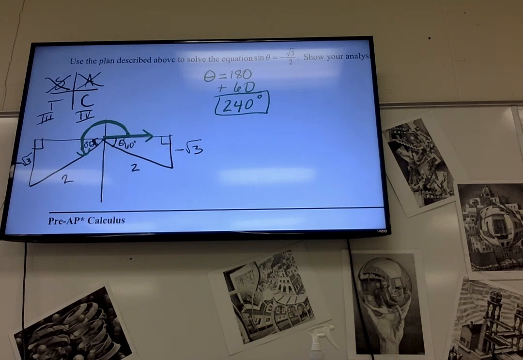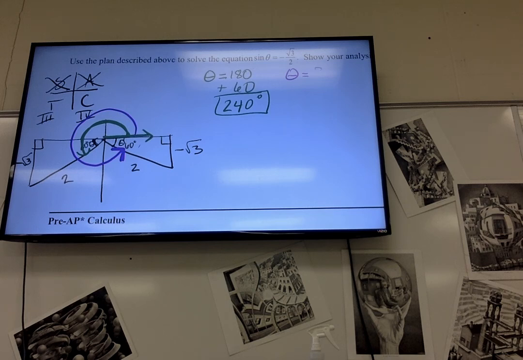Now to get the other, it goes from here and then ends right there. How much is that purple one? Yeah, the whole circle would be 360, and then we have that little reference angle that's taken out.